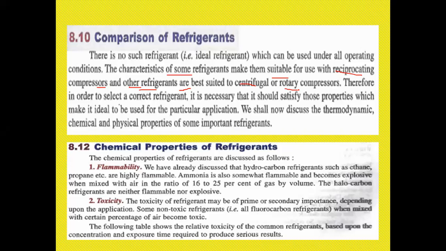We have already discussed the hydrocarbon refrigerants such as ethane and propane, which are highly flammable. Ammonia is also somewhat flammable and becomes explosive when mixed with air in the ratio of 16 to 25%. The halocarbon refrigerants are neither flammable nor explosive.